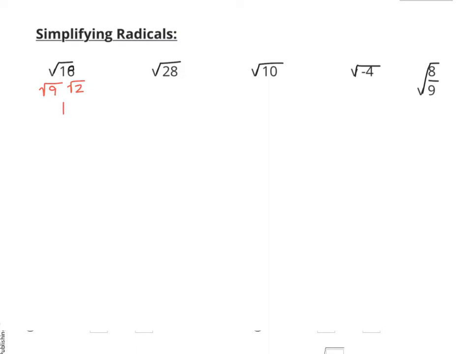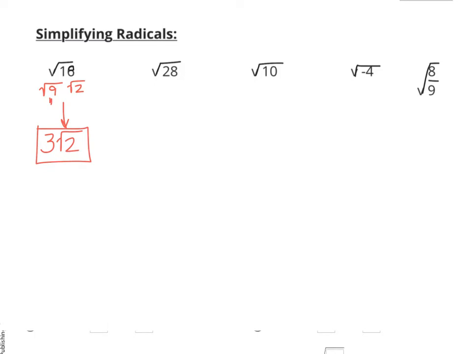So another way to write this would be to say 3, right? That's what my square root of 9 equals. And since square root of 2 doesn't equal any specific or exact value, we just write 3 square root 2. All right, so the 3 comes from the 9 and the square root 2 just drops down. So that's an equivalent version to the square root of 18.